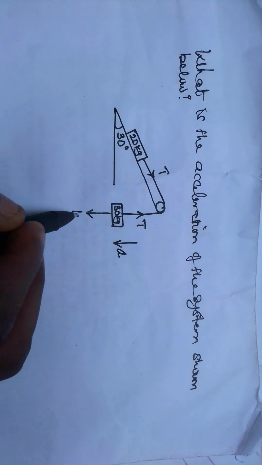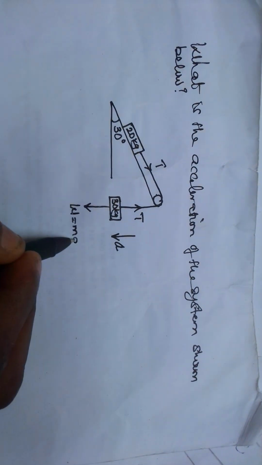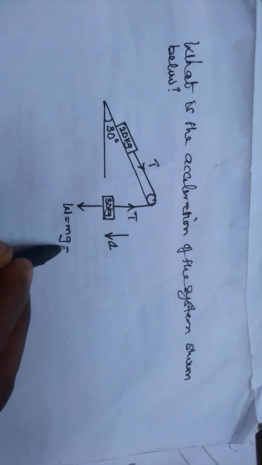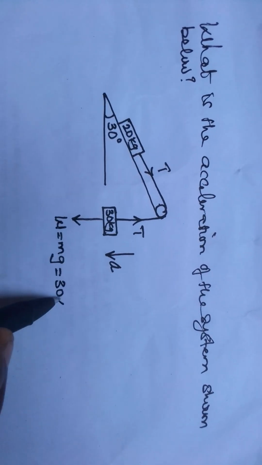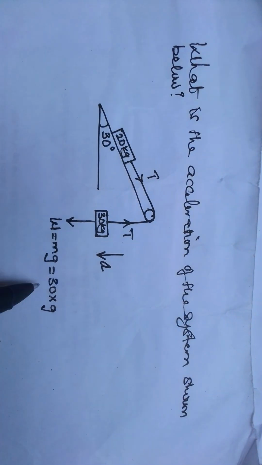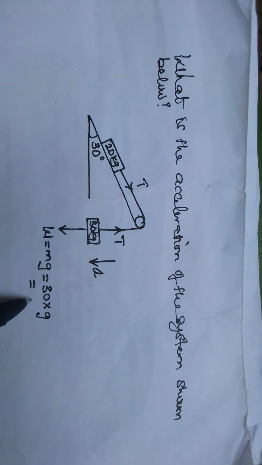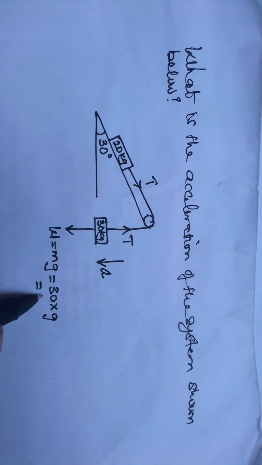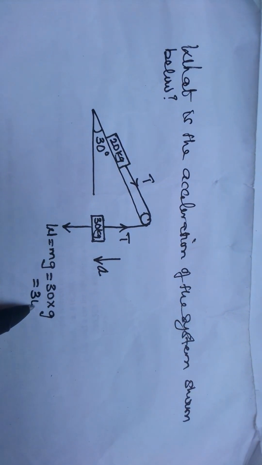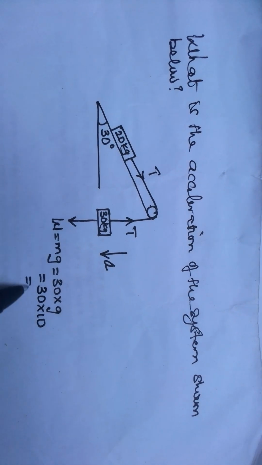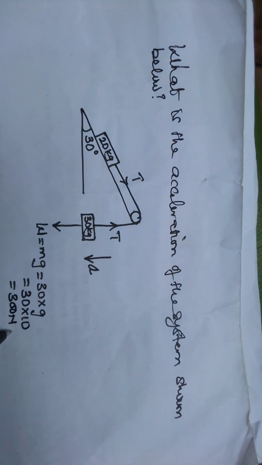Remember that weight W equals mg, so we have 30 multiplied by g. If we take g to be 10, that means we have 30 times 10, so we have 300 newton here.